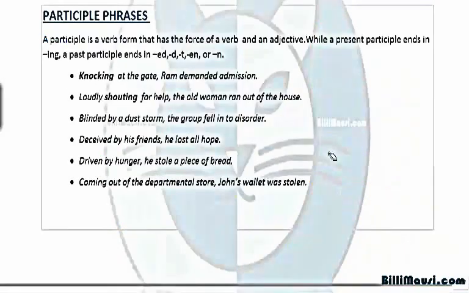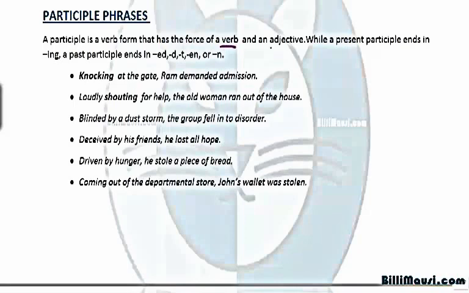Now let's move to the next verbal, that is participle phrases or simply participles. By definition, a participle is a verb form that has the force of a verb and an adjective, as discussed in the introductory session or the earlier lecture.